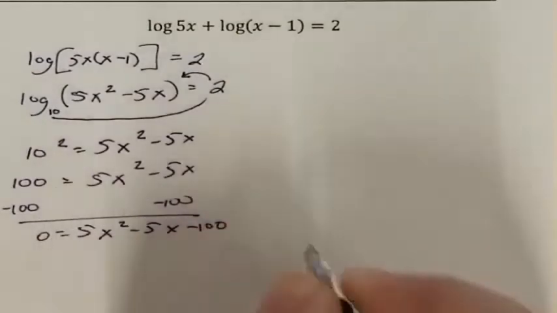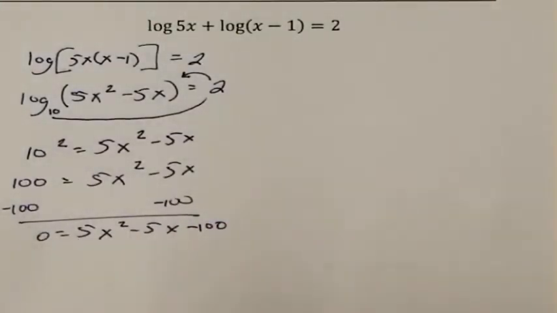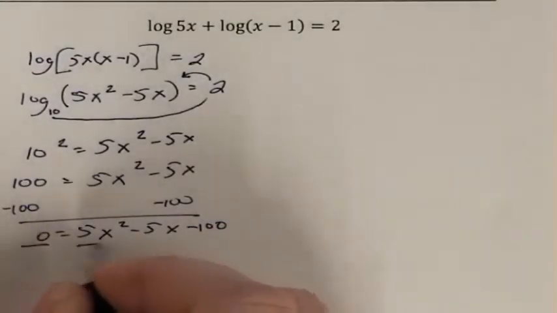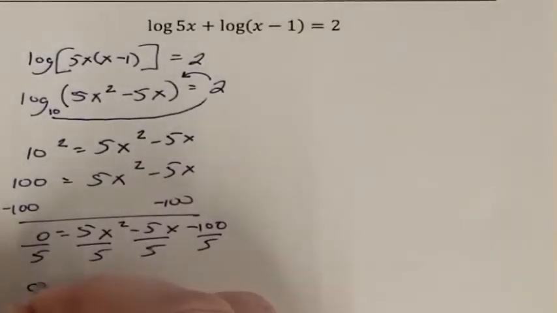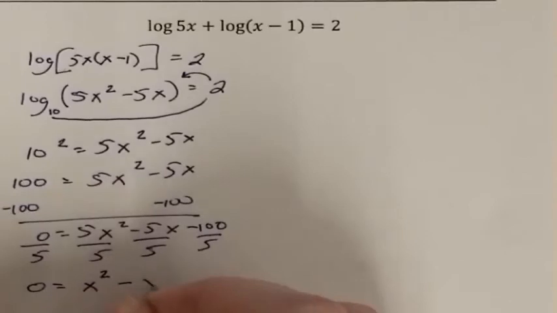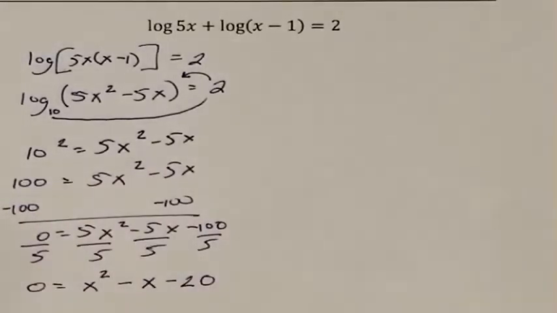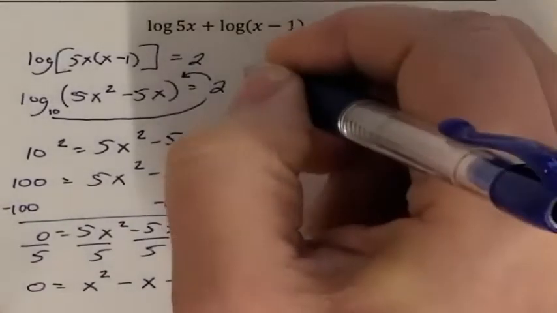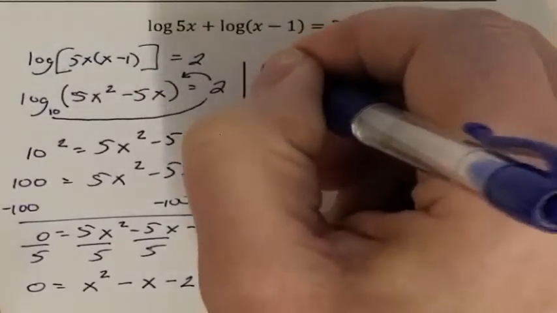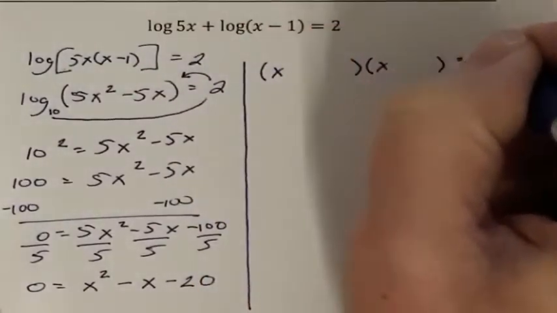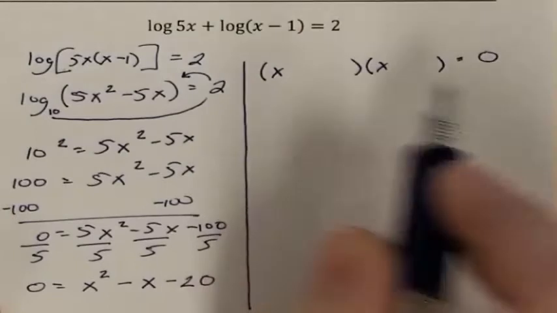First thing with factoring, can I divide all these by the same one number? I can. I can divide everybody by a 5. So 0 equals x squared minus x minus 20. Since a is 1, I can factor this very quickly using this form. So now I just need to figure out what these numbers are.